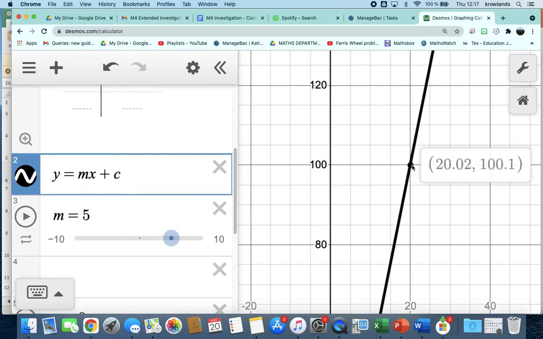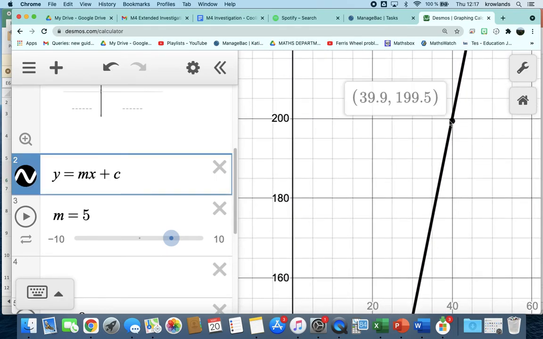Because we've got a relationship where the straight line goes through the 0, 0 coordinate, there's an exact ratio between these two numbers. Any graph which goes through 0 will have this relationship: to get from the x to the y variable, we just multiply by a factor, and it's always the same regardless of where you are on the graph. So you can see here to get from 40 to 200, we multiply by 5, and this is because it has a gradient of 5.